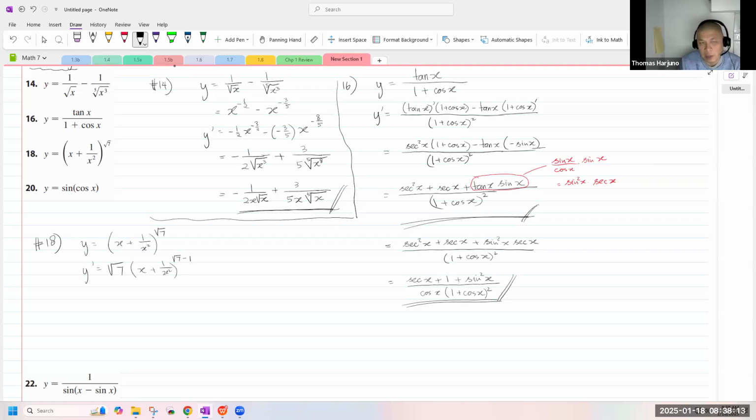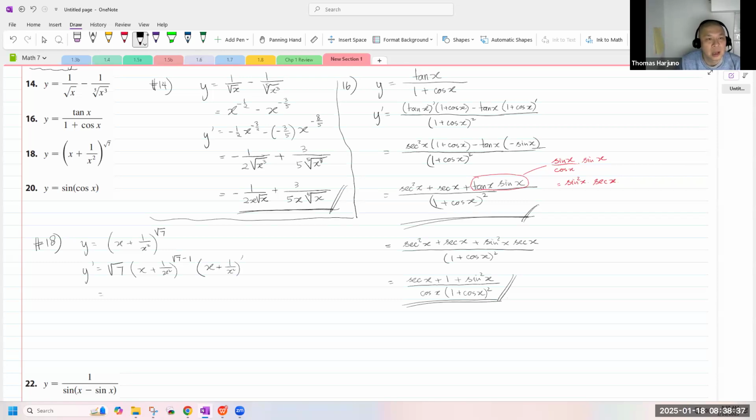Be very careful with that radical. The roof of this radical should not extend too much. It's radical 7 as a number subtracted by 1, not 7 subtracted by 1 and then you do the square root. No, no, no. Multiplied by the derivative of x plus 1 over x squared.